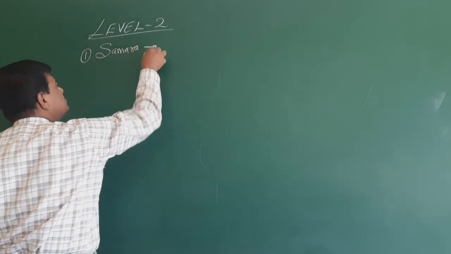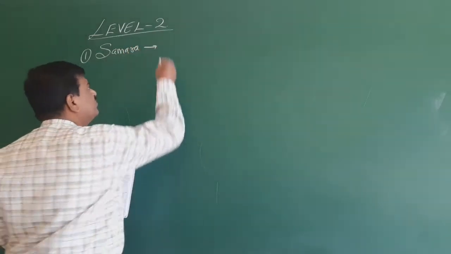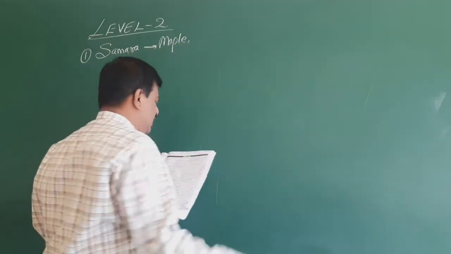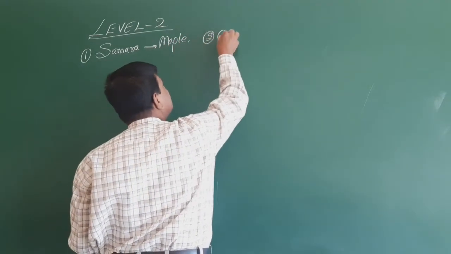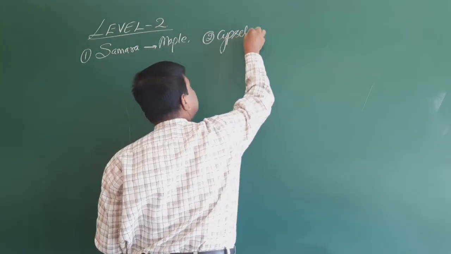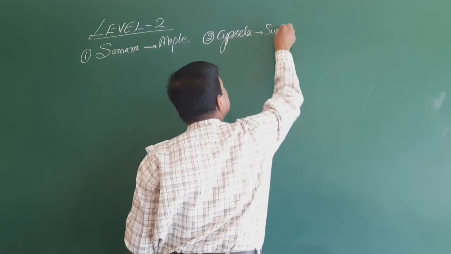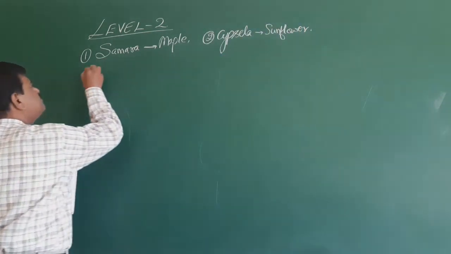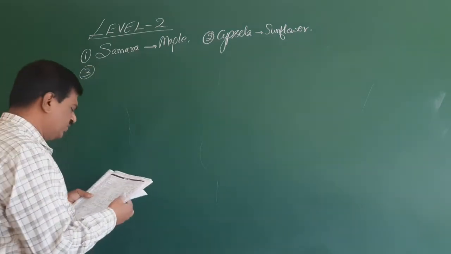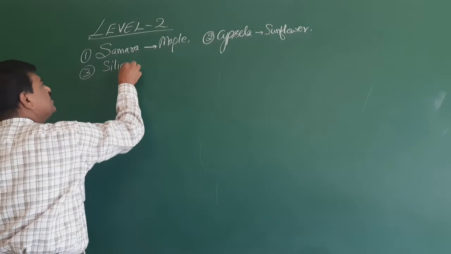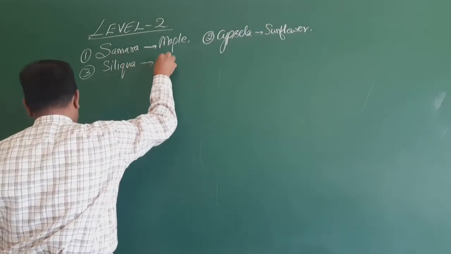The options are, the first one is samara, for example maple. The second one is cypsela, which can be noticed in the sunflower. The third one is siliqua, which is mustard.